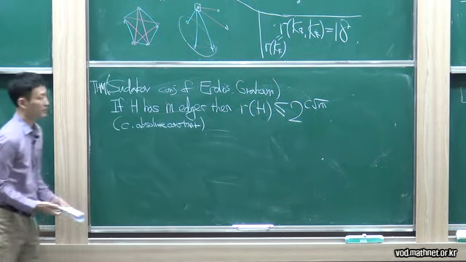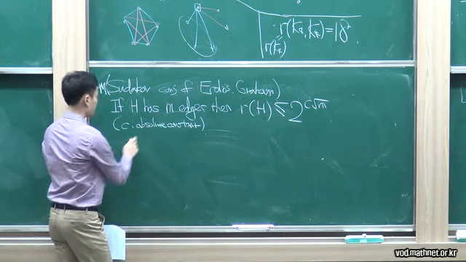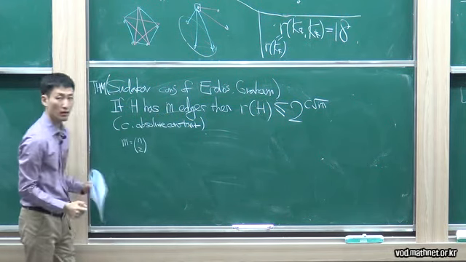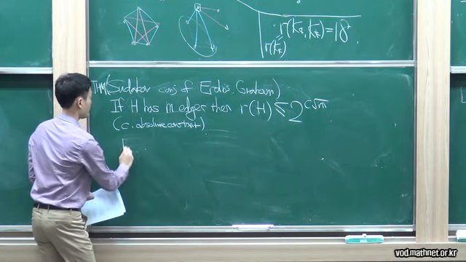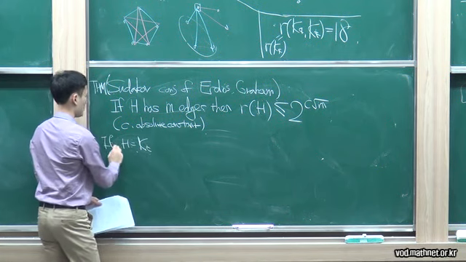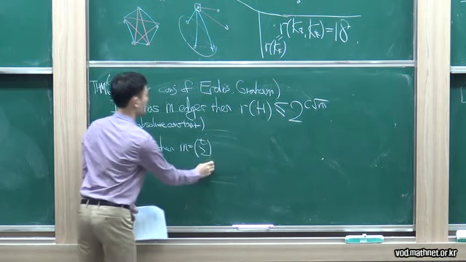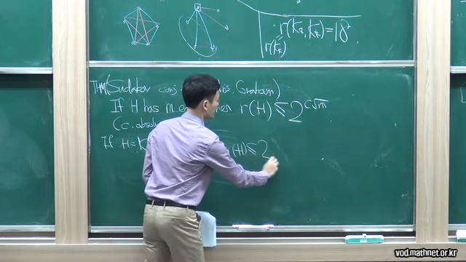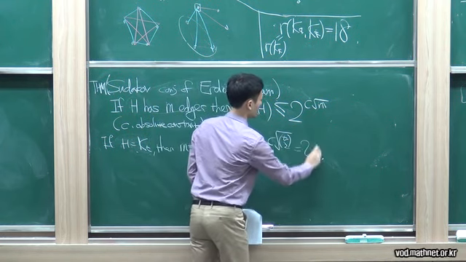So why is this an important result? It's because let's consider a complete graph. If H is a K_t, then m is equal to t choose 2. So this means R of H is at most 2 to the C times the square root of t choose 2, which is, after some constant, 2 to the C prime times t.